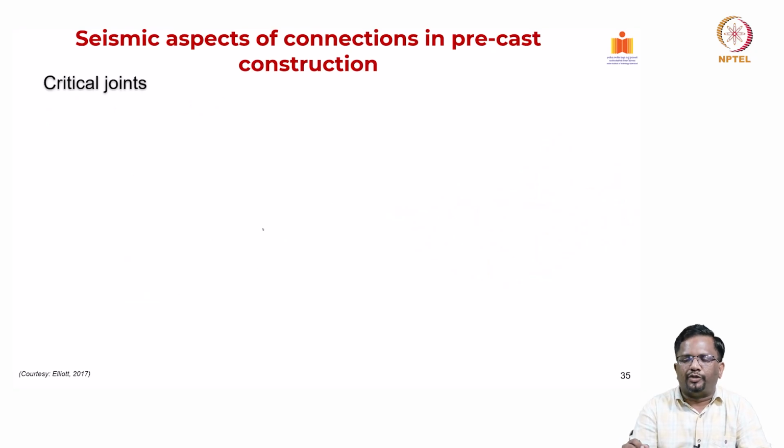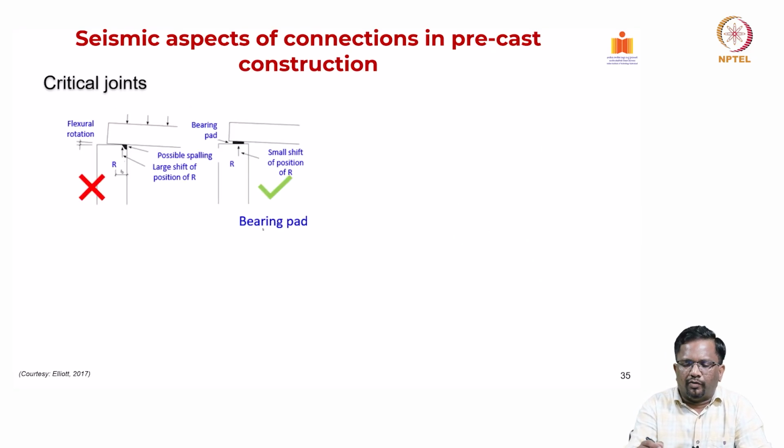Now, what are the critical joints? Let us look at the critical joints that you have. For example, you see here, precast slab, if it is directly kept on the column, right.